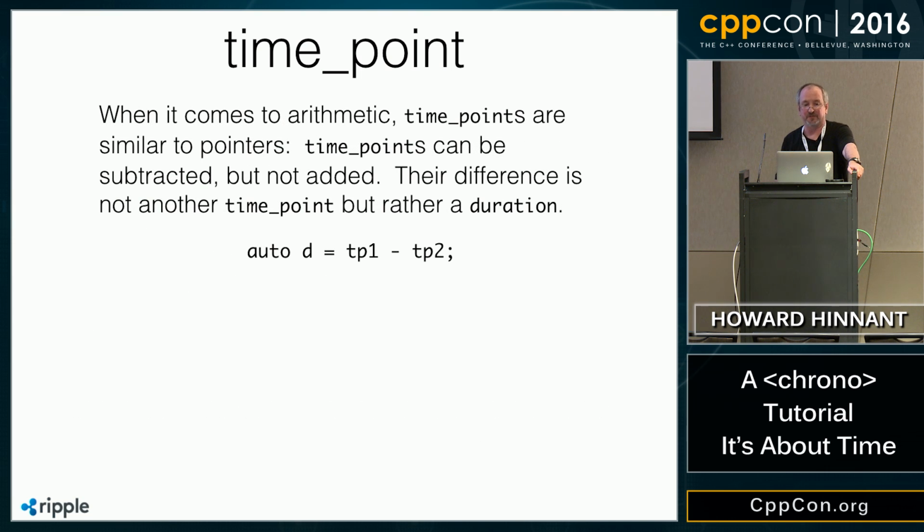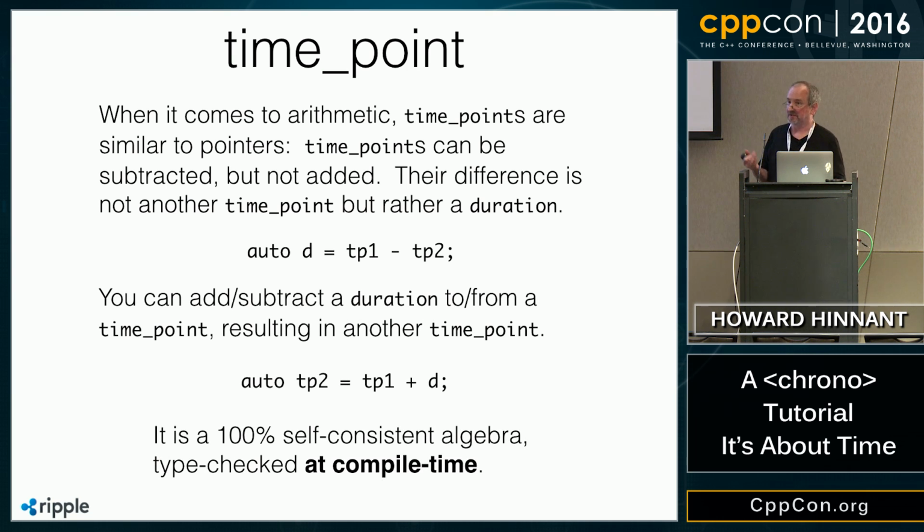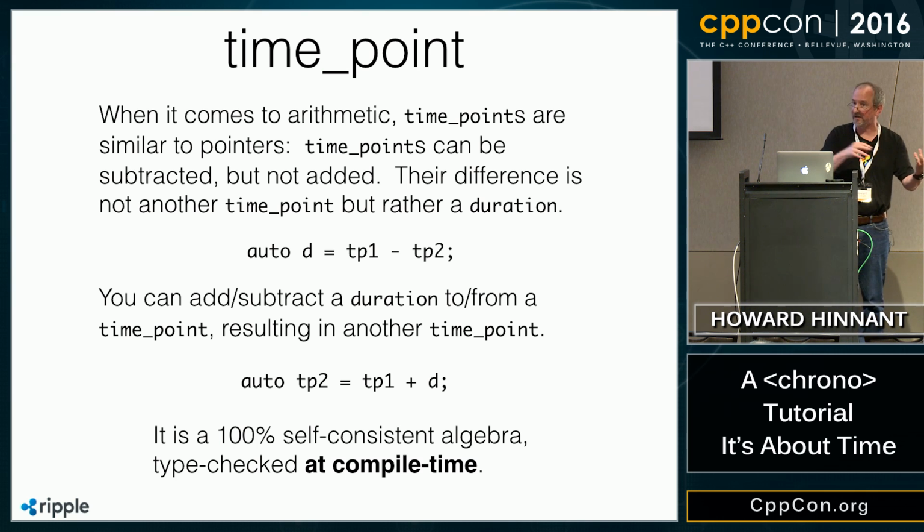So when it comes to arithmetic, time points are very similar to pointers. They can be subtracted, and the result is a duration. But time points can't be added. Tomorrow and today are valid time points. Coarse ones, but they're time points. And today plus tomorrow makes no sense whatsoever. But tomorrow minus today is a duration. It's a day. So it makes perfect sense.